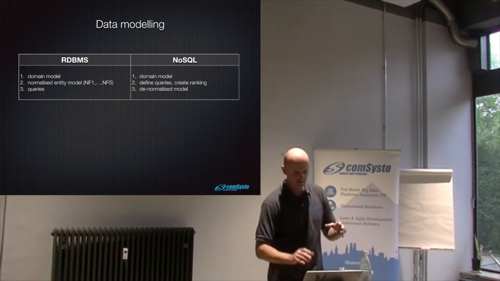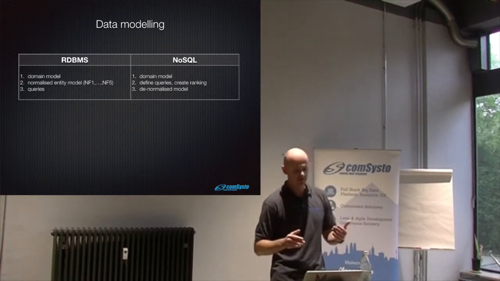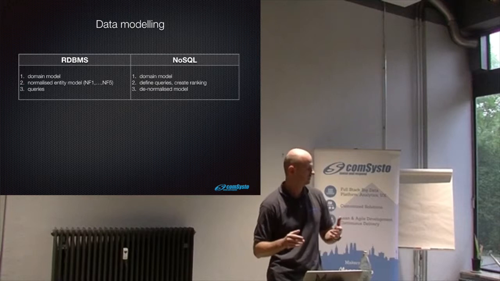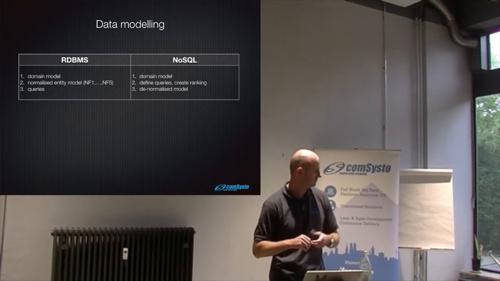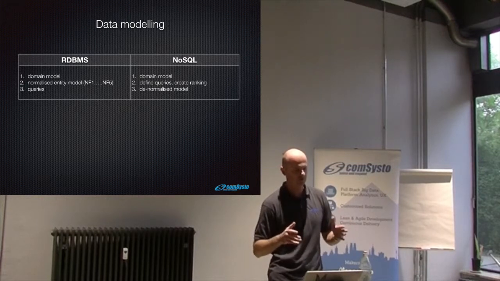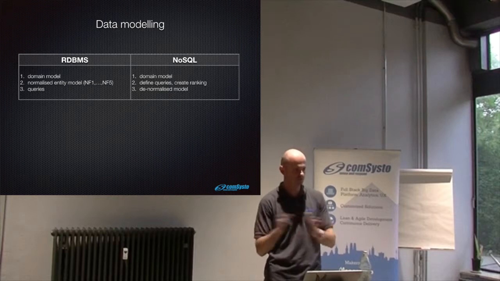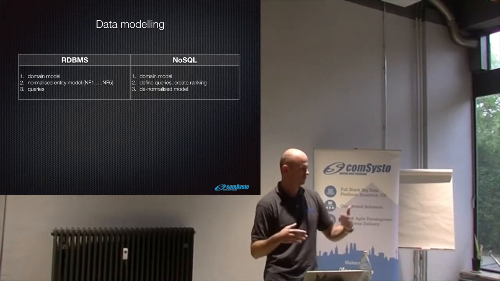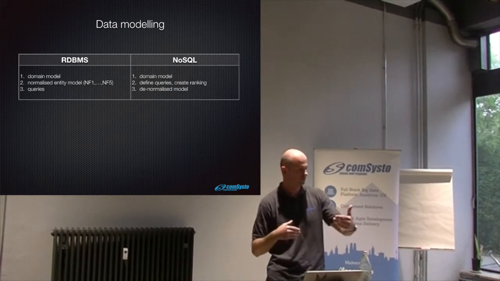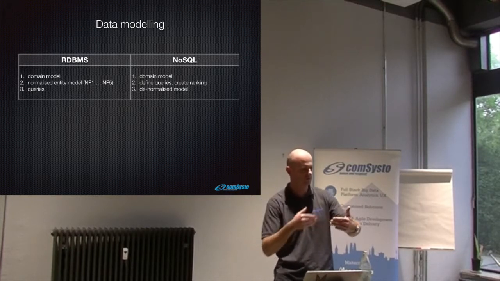And also, which is actually quite a good pattern, you shouldn't create one table to answer a single query. So the relation between the amount of queries and the amount of tables shouldn't be one-to-one. What you could do is collect all your queries, create a ranking, and create tables only for the most frequent queries.